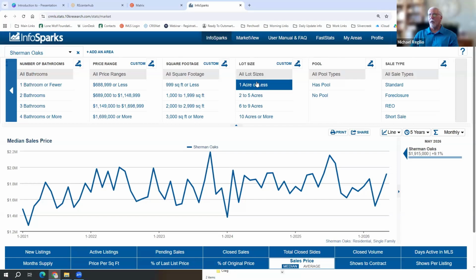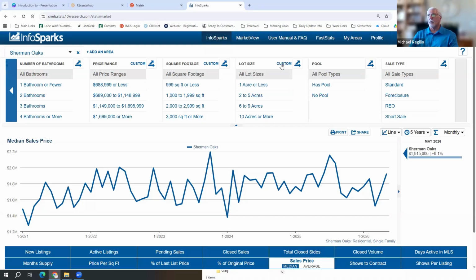Lot size, some of the areas you have, like, acreage property next to a subdivision with 5,000 square foot lots, and you're trying to comp out the acreage property. So I might want to use the lot size as the filter.